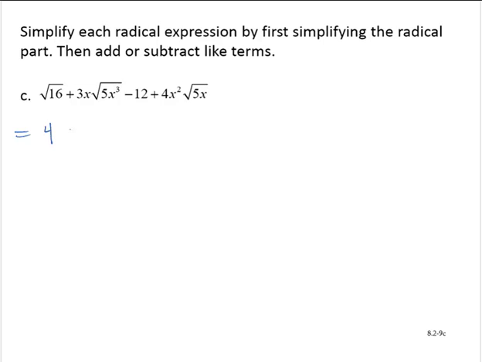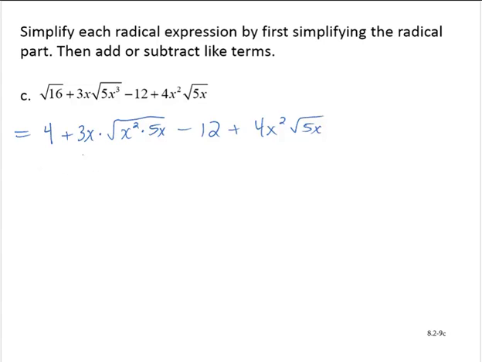Now the second term, 3x times the square root of 5x cubed, let me rewrite that as 3x times, now notice that that x cubed I'm going to think of as an x squared times x. So I'm breaking up this 5x cubed as x squared times 5x, minus 12 plus 4x squared times the square root of 5x. I can't do anything with that 5x.